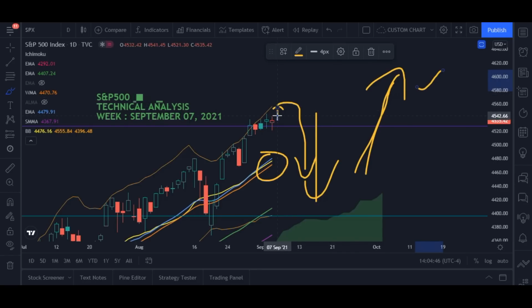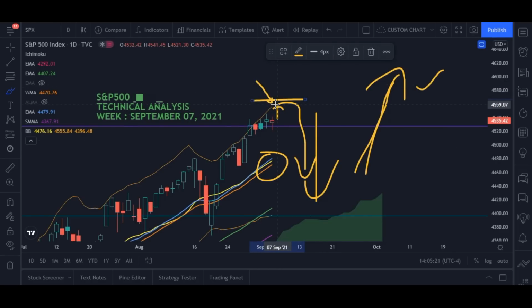Or the other strategy is to wait on Tuesday or Wednesday until you see the market hitting the upper band of the Bollinger Band, which may also increase to 4560 or 4565. That is what I mentioned on the weekly chart, that it will be the highest price the market may see, and then the market may come down.